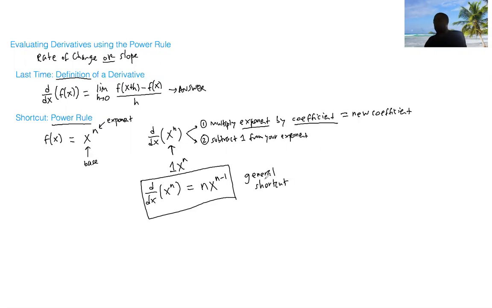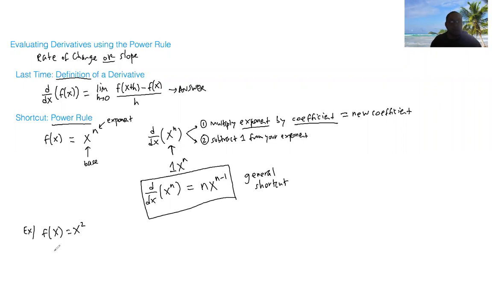Okay? So to highlight this, let's work through a couple of problems. These will be similar to the ones we did with the definition so that you can look back and check, okay? And so let's say I'm considering the function of our trusty parabola. In this case, the base is x, your exponent is 2. Let's follow this 2-step process.